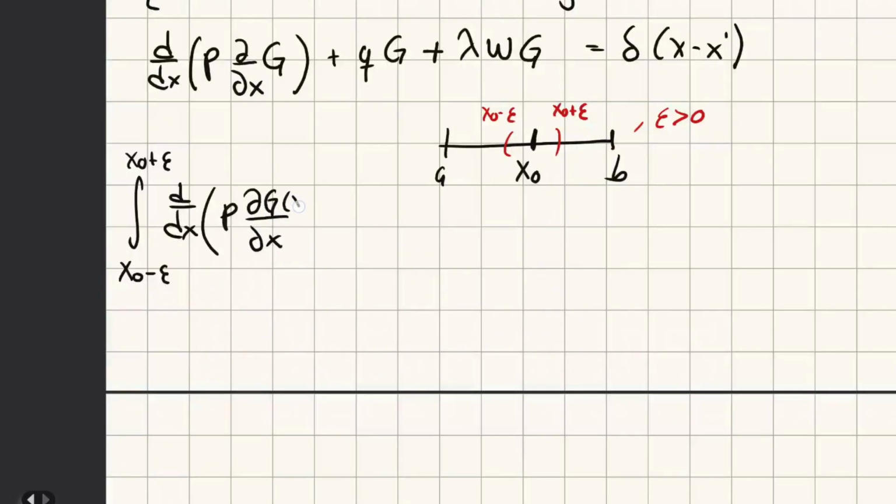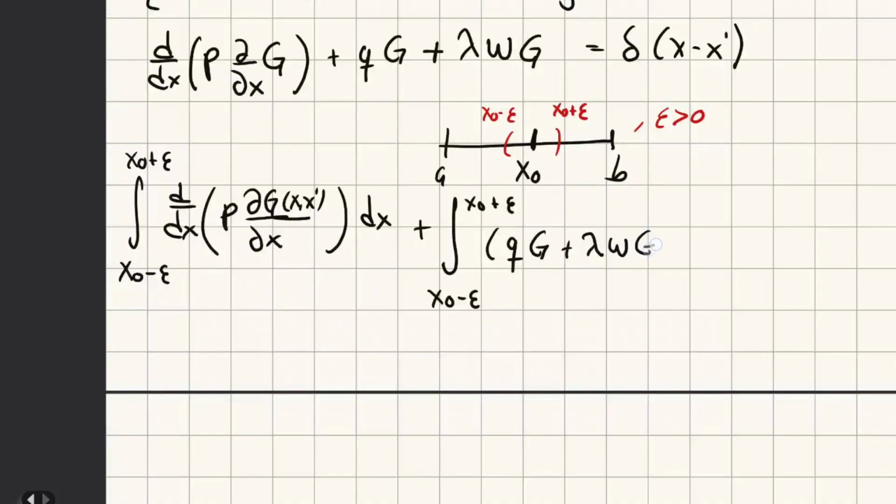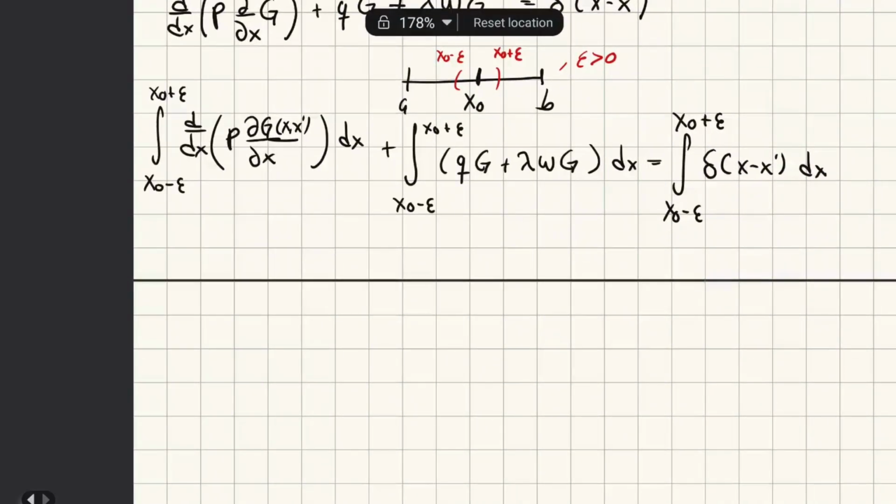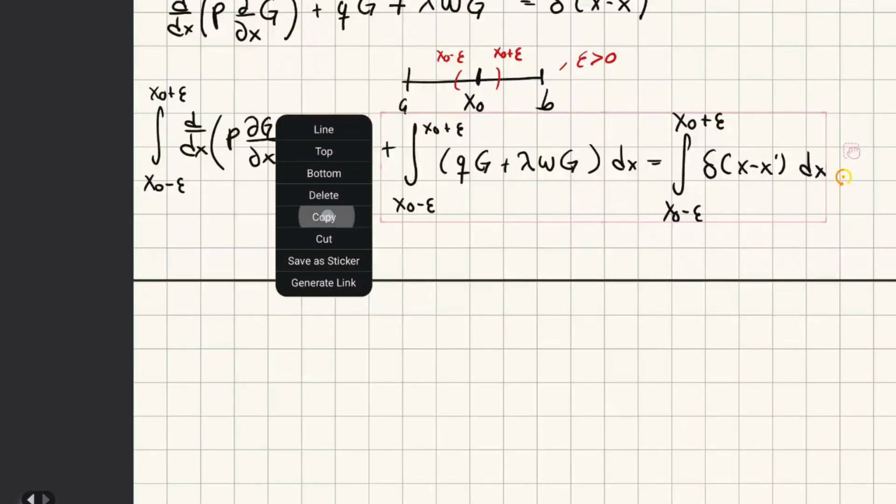Of course, this is a function of x, x prime, dx, plus the integral from x0 minus epsilon to x0 plus epsilon of qg plus lambda w g dx, equals the integral from x0 minus epsilon to x0 plus epsilon of the Dirac delta x minus x prime dx.